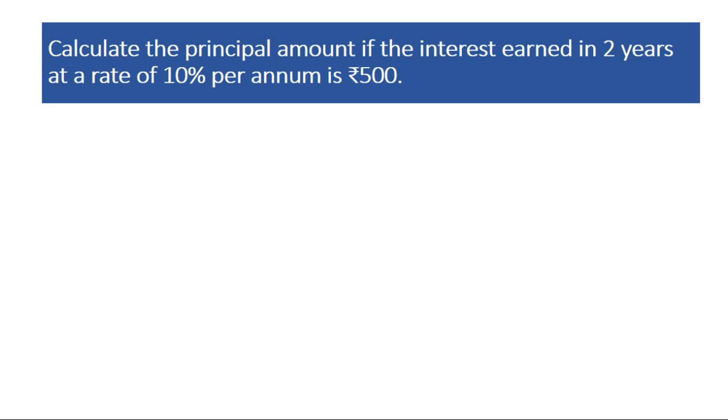Calculate the principal amount if the interest earned in 2 years at a rate of 10% per annum is 500. SI is equal to 500, R is equal to 10, T is equal to 2.